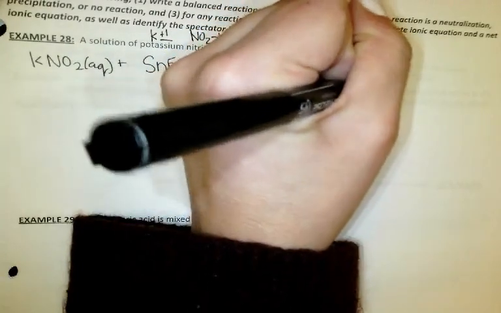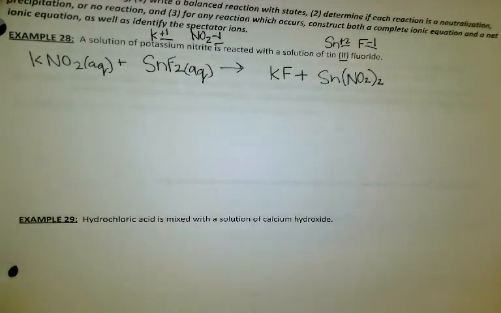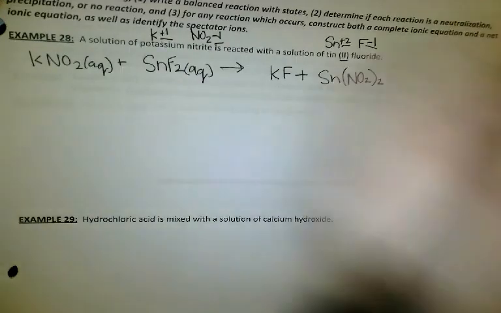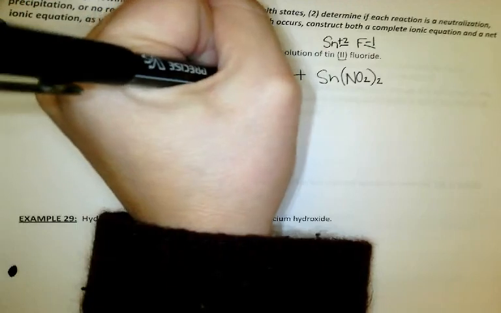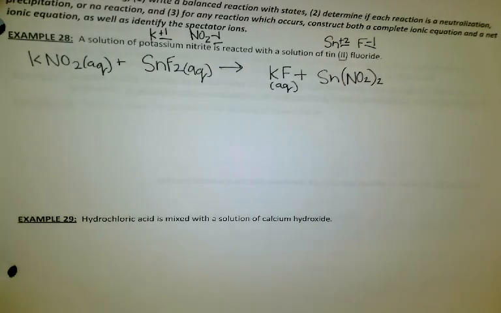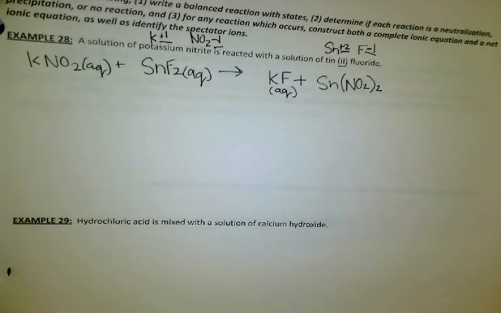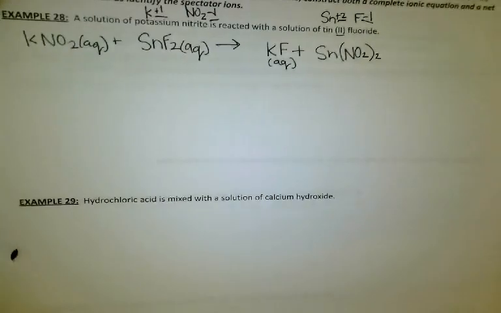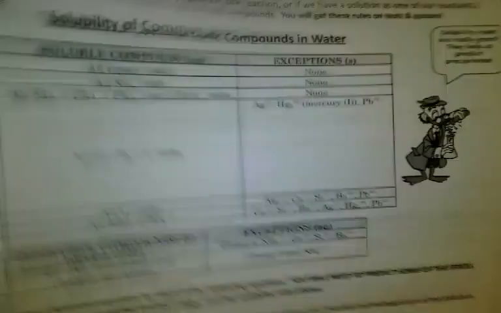Okay? Now KF, check your solubility rules. KF is what? Aqueous. Why is KF aqueous? There are no exceptions, right? It's group 1 potassium, no exceptions. Now tin nitrite, I don't see a rule for tin. I don't see a rule for nitrite, but I do see a rule down here.